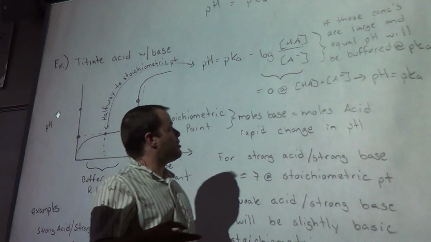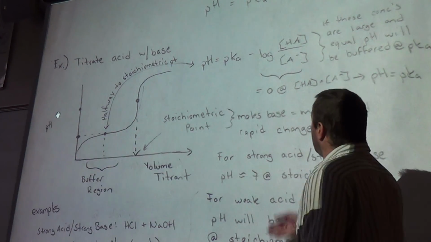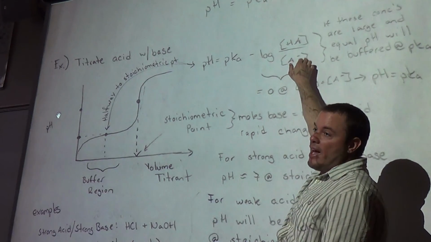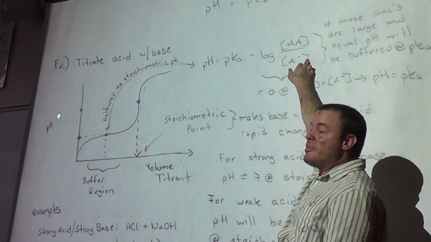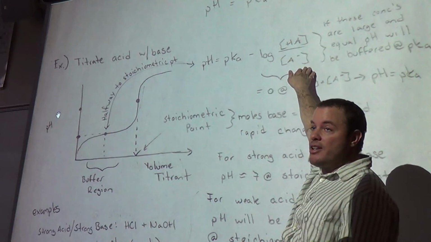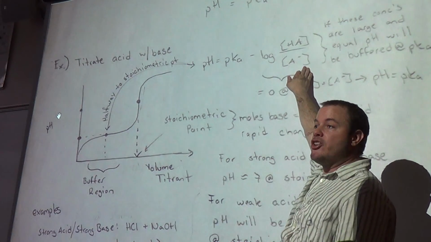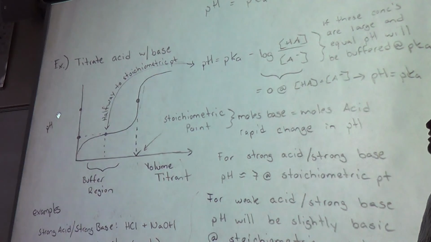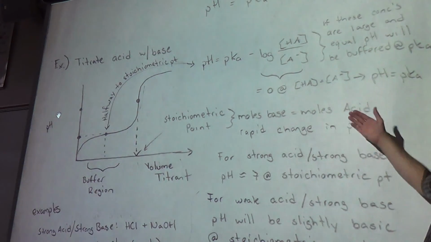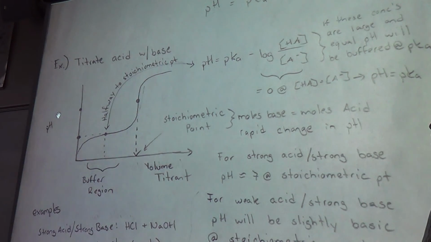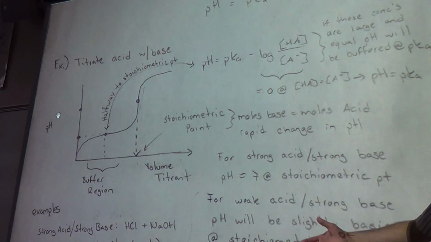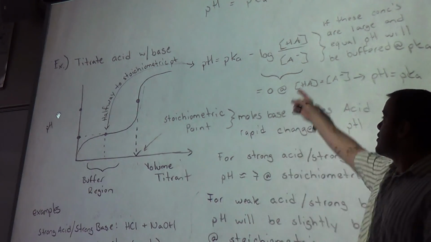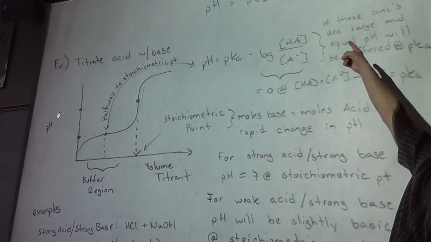Something to remember, I'm sure you probably already do, is that the larger the initial magnitudes of HA and A minus are, the less this ratio will change with a given number of moles of base added. So if you've got 1 mole of HA and 1 mole of A minus, and you add a half mole of base, this ratio is going to change by a large magnitude.